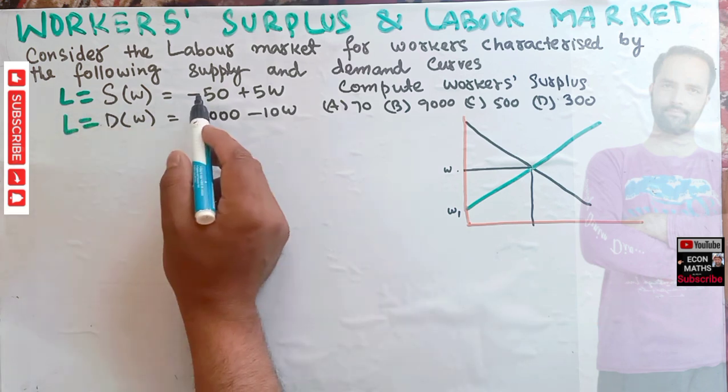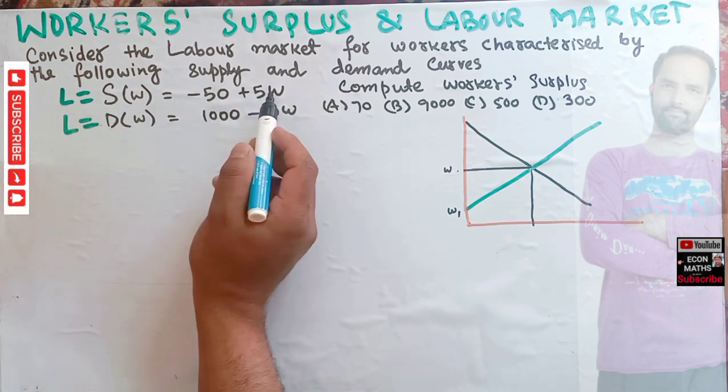So we have L is equal to minus 50 plus 5W. Let us solve this for W first.